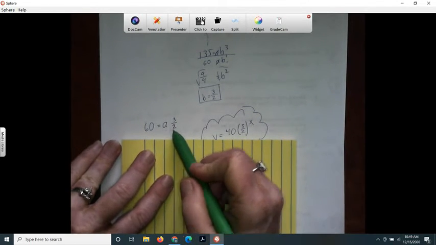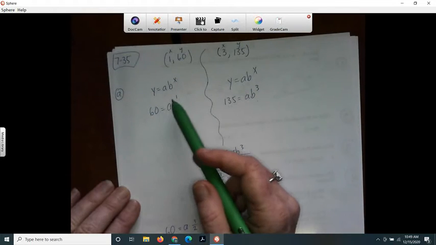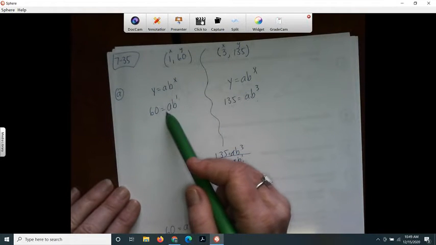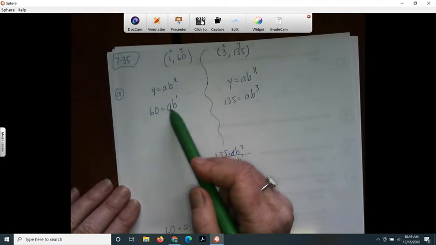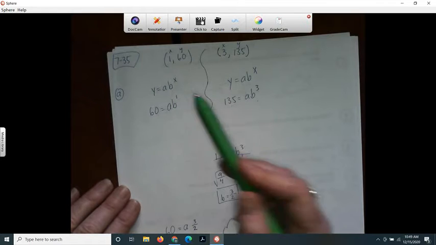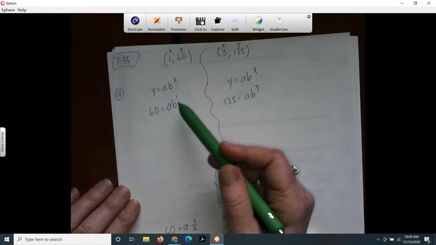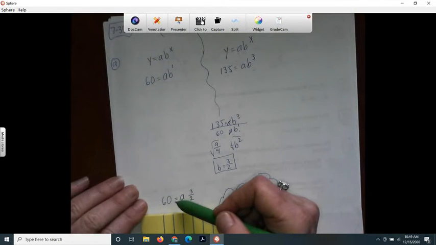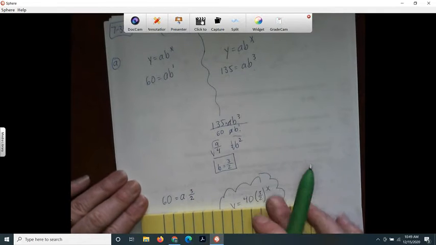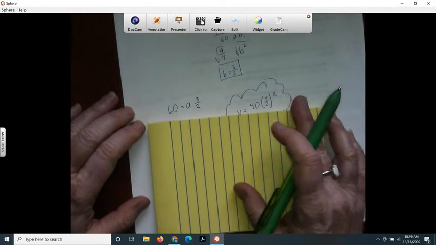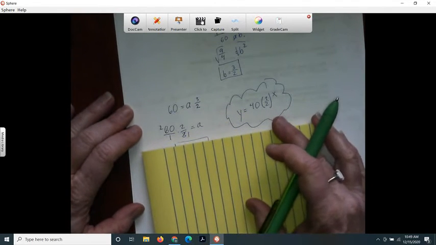I decided to plug it in right here, because we have 60 equals a times b to the 1, and b to the 1 is just b. So that's why I got 60 equals a times 3/2. To get a by itself, I can multiply both sides by 2/3.